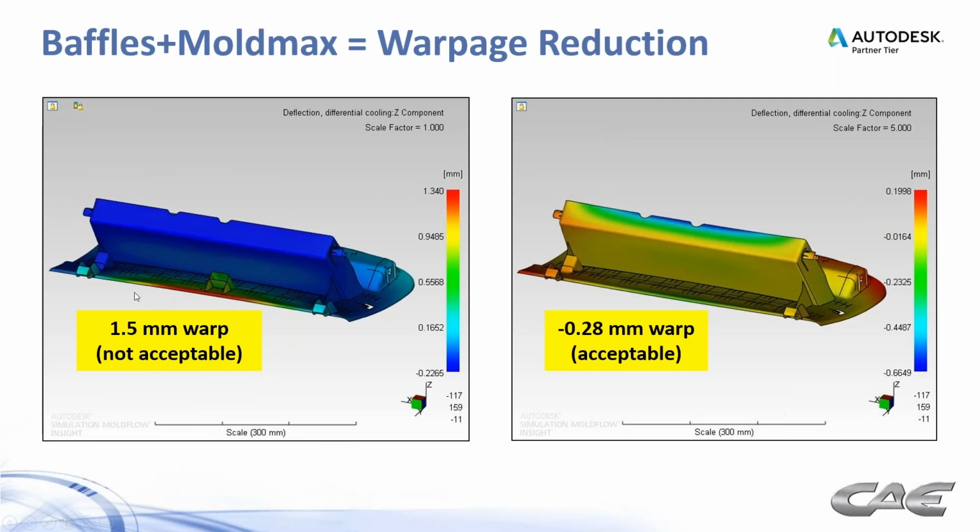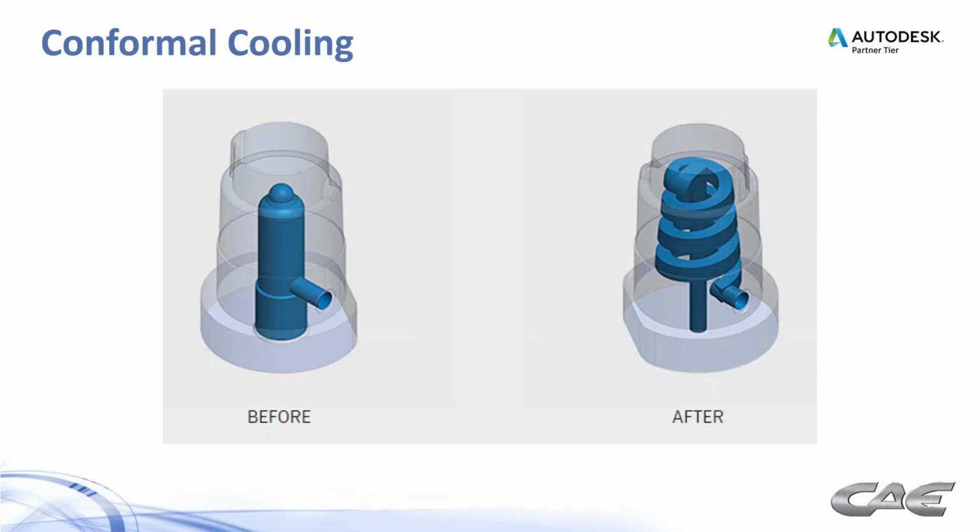Whereas we started with 1.5 millimeters of warp in the original design, now we're actually warping in the opposite direction, but the magnitude's only 0.28 millimeters. So we're in a much more acceptable range of warpage, and we did a lot of good things with the cooling there, all with conventional tooling.